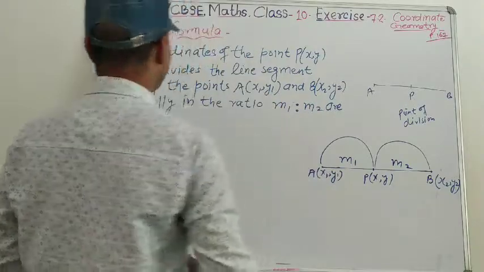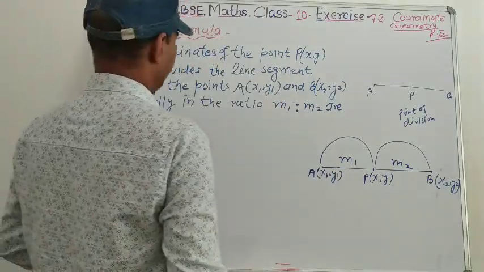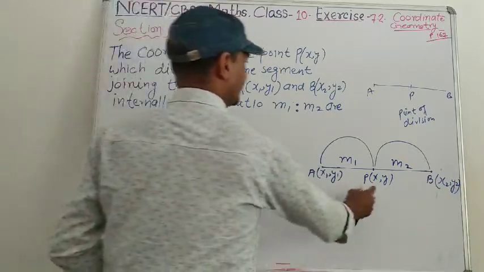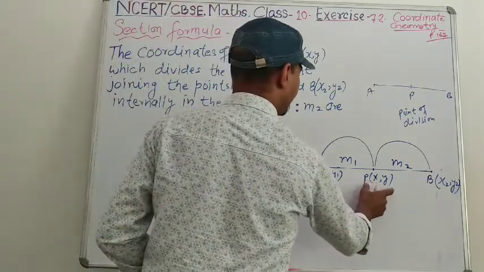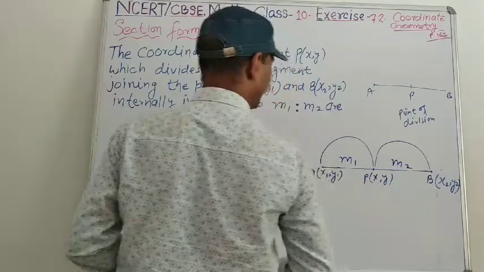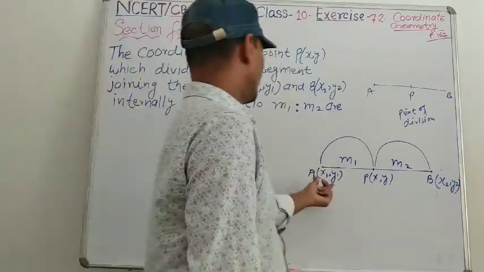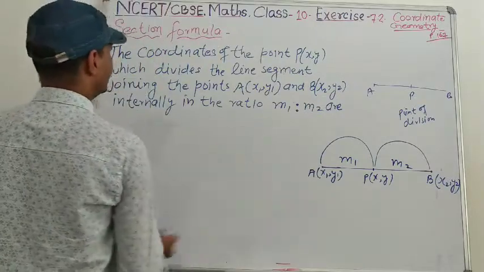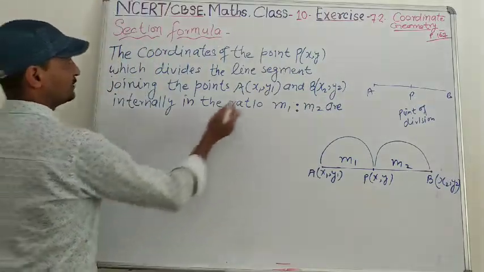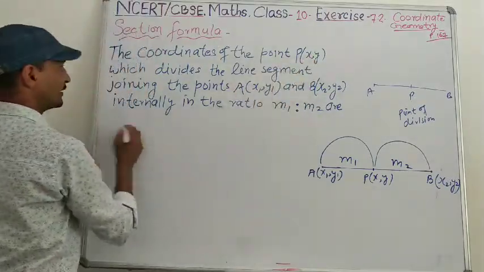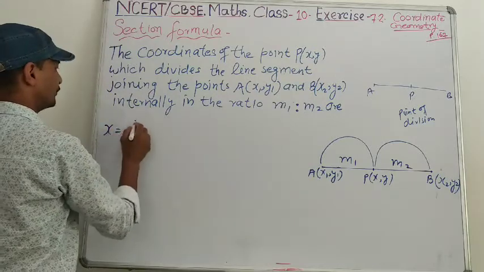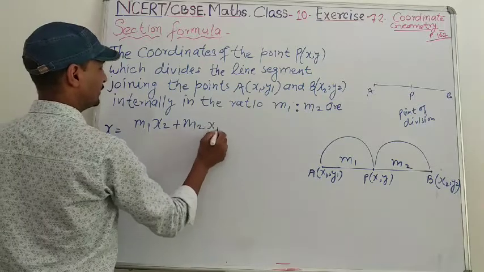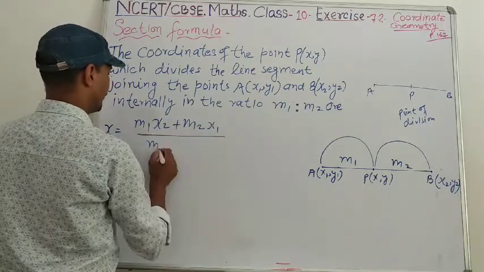So check once again the coordinates of the point Pxy. How will we find this point P? If we have two points A and B given, then this section formula is this. For Pxy, first we write the x coordinate: x equal to m1 x2 plus m2 x1 by m1 plus m2.